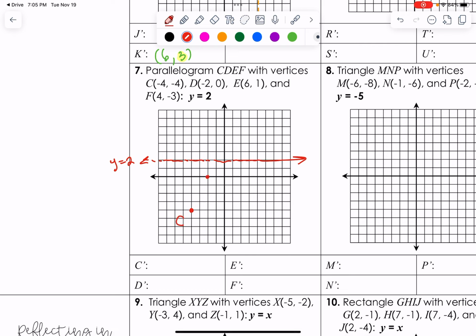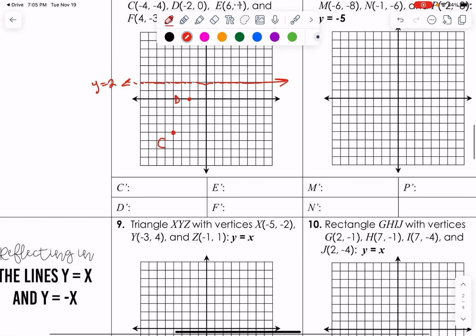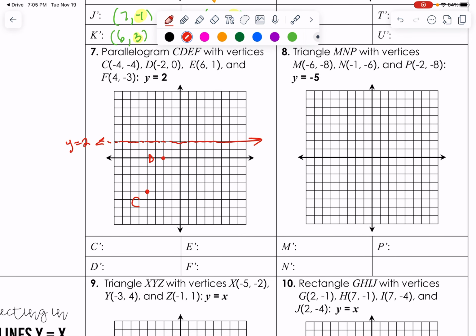-2, 0 is D. Did I call the other one primes? I did, okay. E is 6, 1. 2, 3, 4, 1, 2, 3.